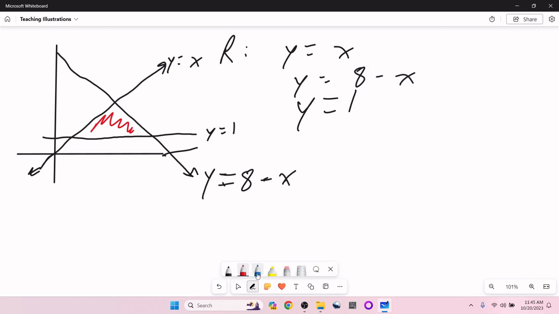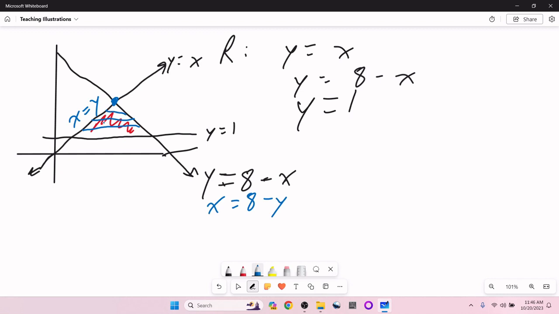So, in this case, if we went up first, the switch is here. So if we went up, we'd have to switch at that cusp, meaning we have to do a double integral for this left side, and then another double integral for this right side. So this time I think it makes more sense to do x first. X will always be x equals y on the left, and if we solve this for x, x equals 8 minus y on the right.